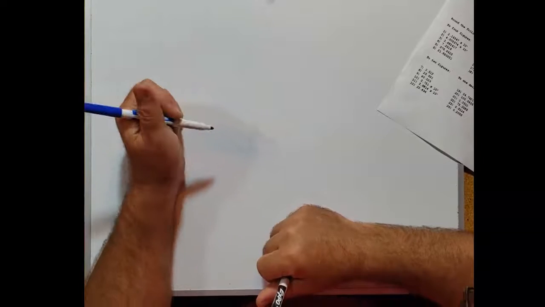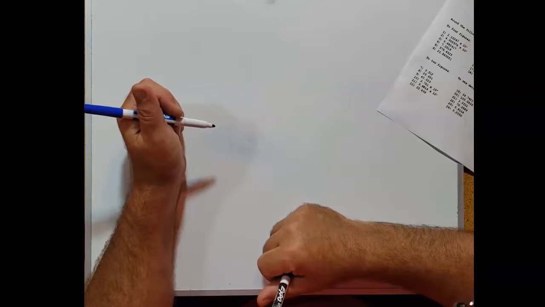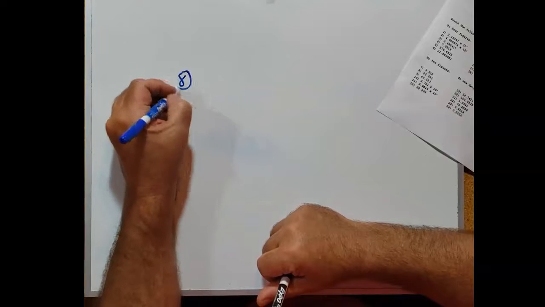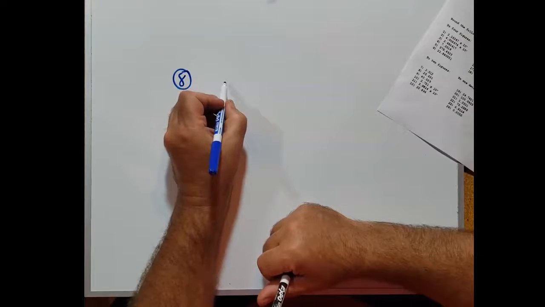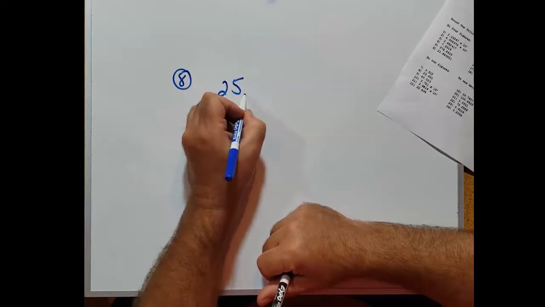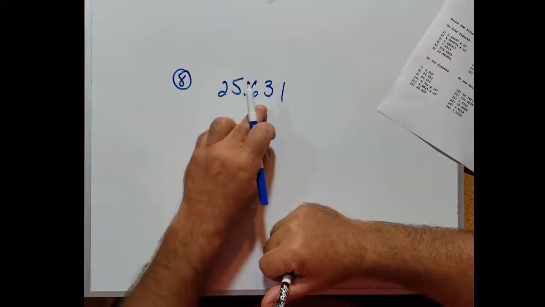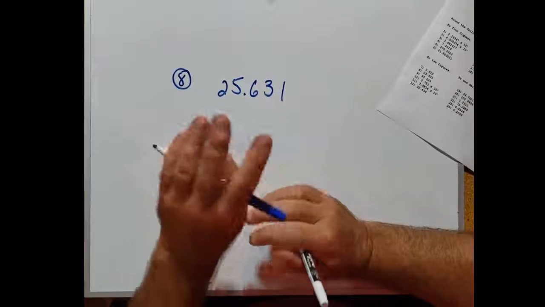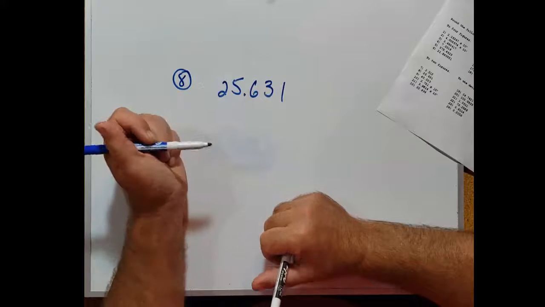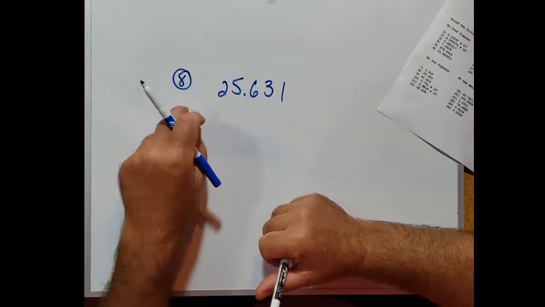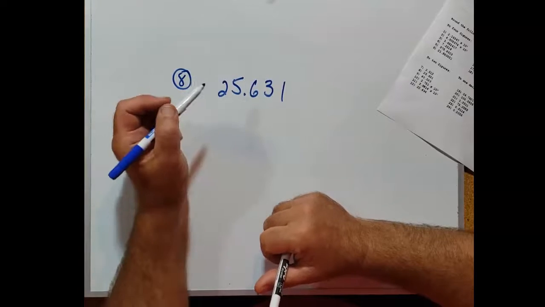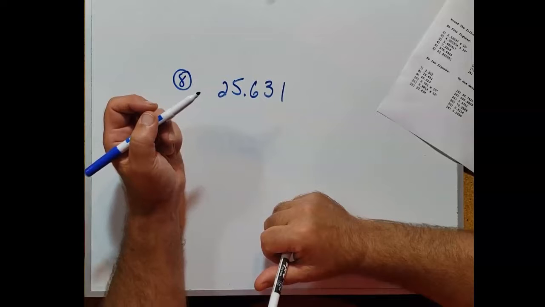Take a look at number 8. All right. 25.631. Every single one of these digits is significant because they're all non-zeros. The instructions for problem 8 say to round to 2 sig figs.